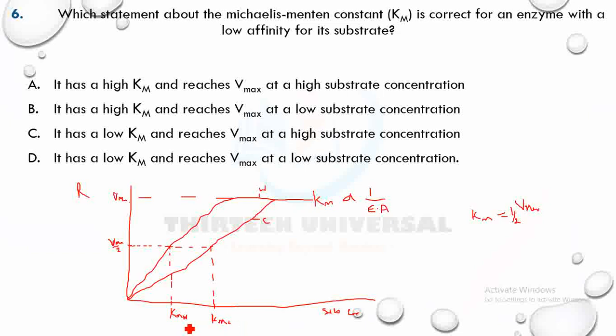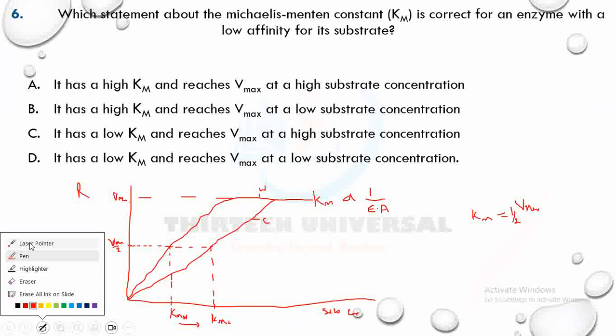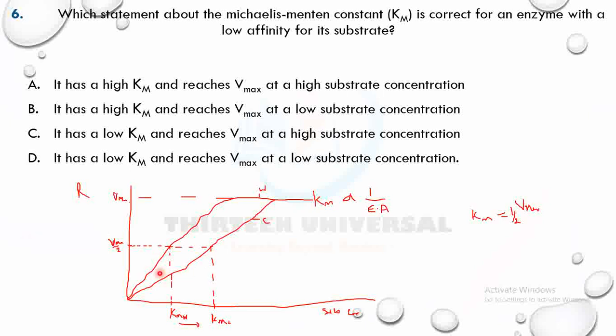The Km increased by the introduction of a competitive inhibitor. So you see that this is Vmax. Can you see that this particular graph, to reach Vmax, requires higher substrate concentration, because the Km is high?